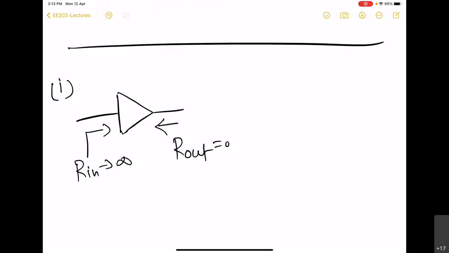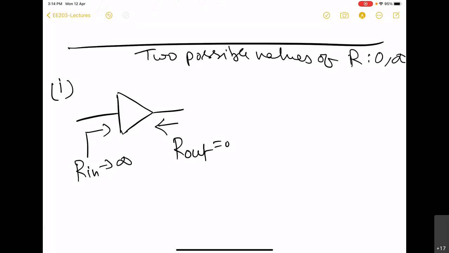We are going to consider only 2 possible values of the resistances, they will be either 0 or infinity. So now you can see that there are four possible configurations of the amplifier. And for such an amplifier, the transfer function will be designated by A naught.